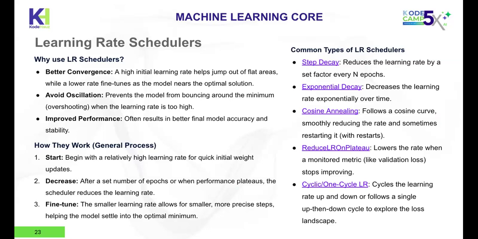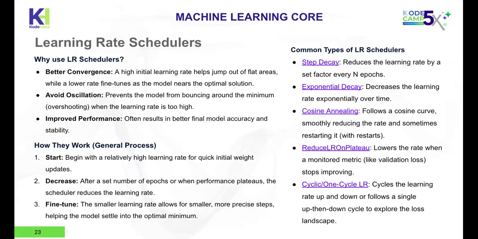It improves the performance. Improved performance means your training is faster, right? But it also means your model gets to a very good point in the loss landscape, so you have better accuracy, right?